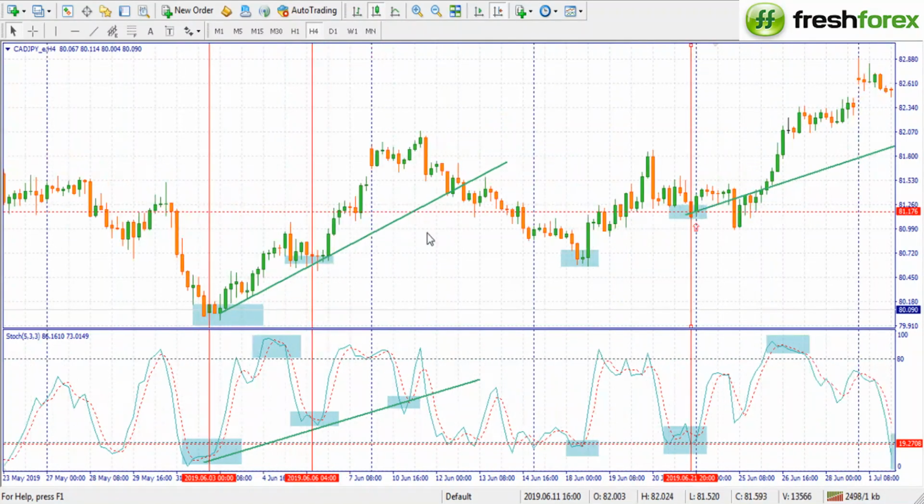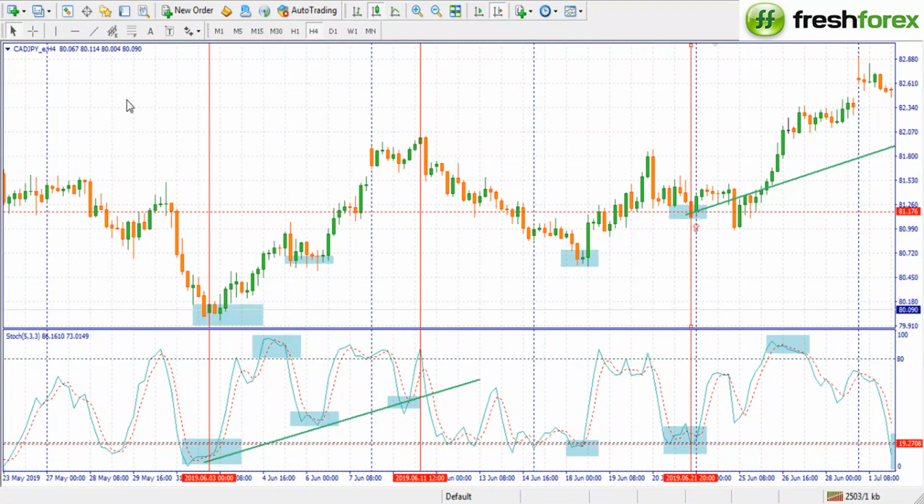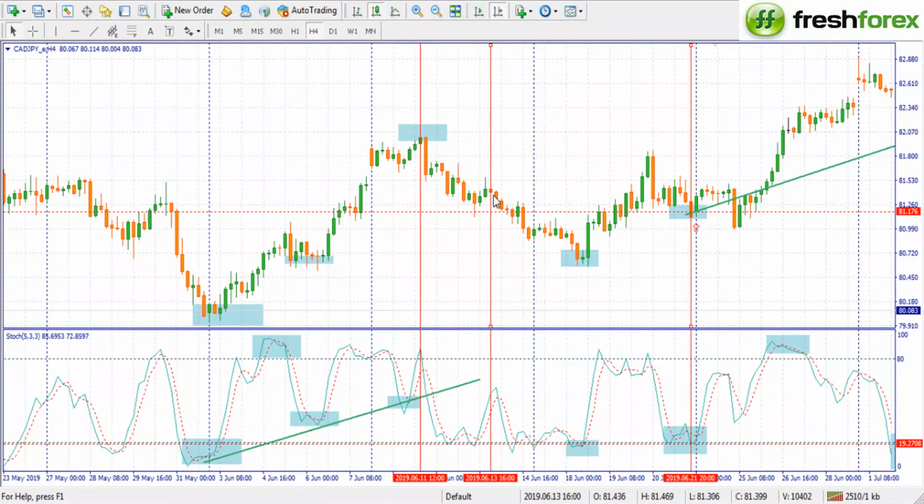We also have this, just look at this, there's this resistance here. Yeah, this is a very good resistance. Then price proceeded down, and you also had this peak, which is this.